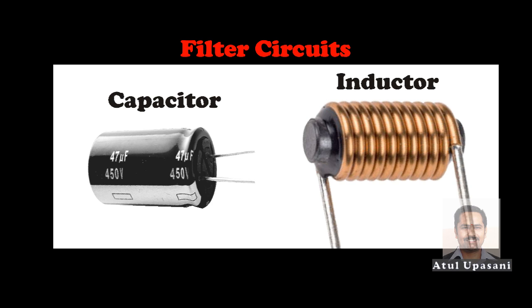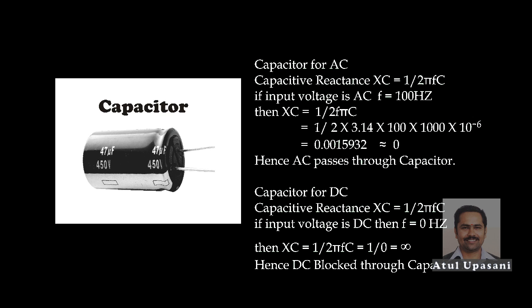Before starting with the types of filters, we must understand how these two components convert a fluctuating AC into a constant DC. Let us take the example of a capacitor. Reactance means the opposition offered by the capacitance.